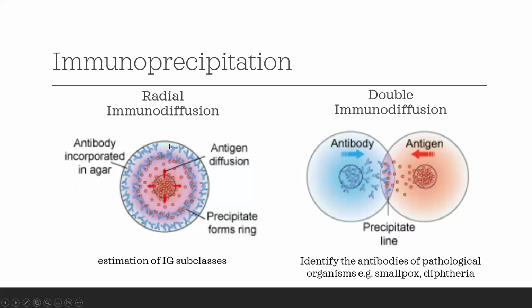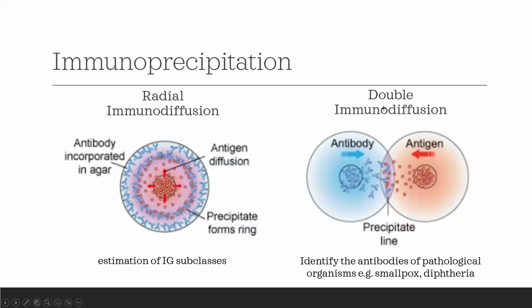So the antigen will diffuse across the gel disc, and when the antigen and antibody meet, it will form a precipitation ring. In this way, they tried to estimate things like IgG subclasses in the past. So it's a very rough estimation, using radial immunodiffusion.